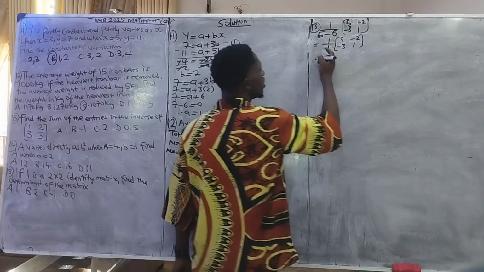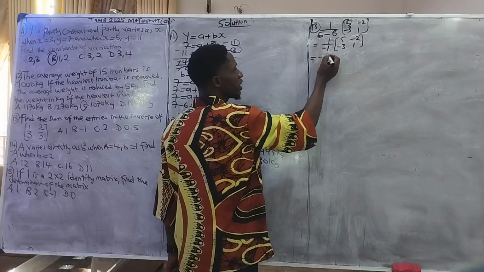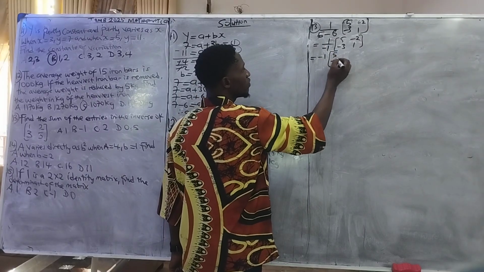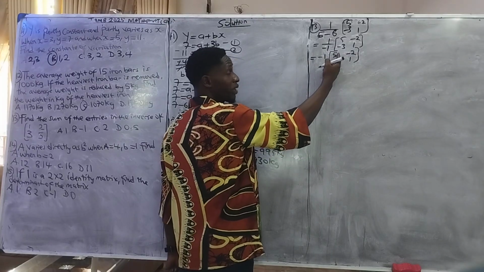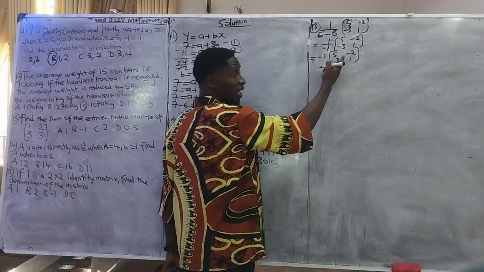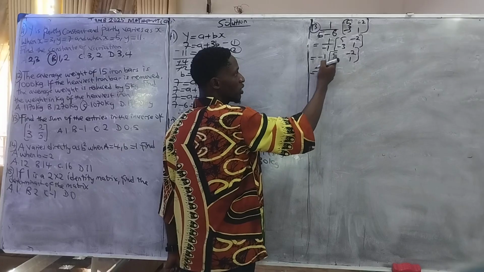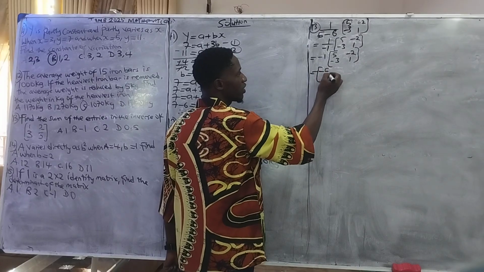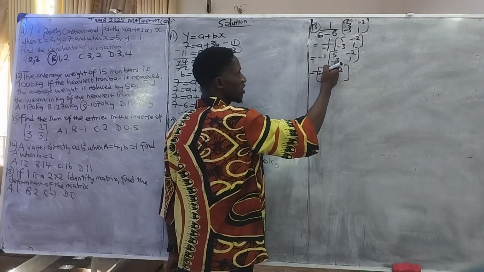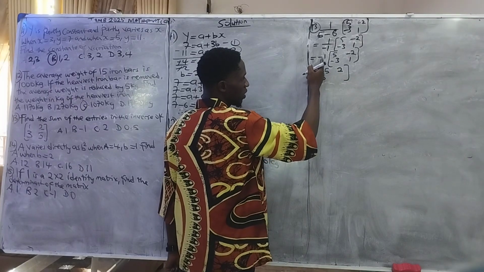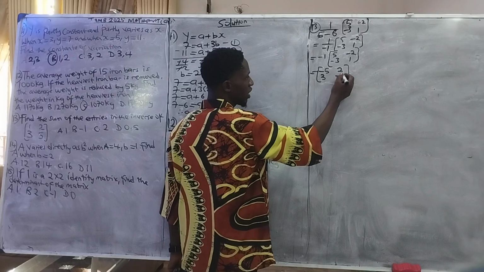Then 1 divided by minus 1 is minus 1, times 5, minus 3, minus 2, 1. This minus 1 will multiply each of the elements there. So minus 1 times 5 is minus 5, minus 1 times minus 2 is plus 2, minus 1 times minus 3 is plus 3, minus 1 times 1 is minus 1.